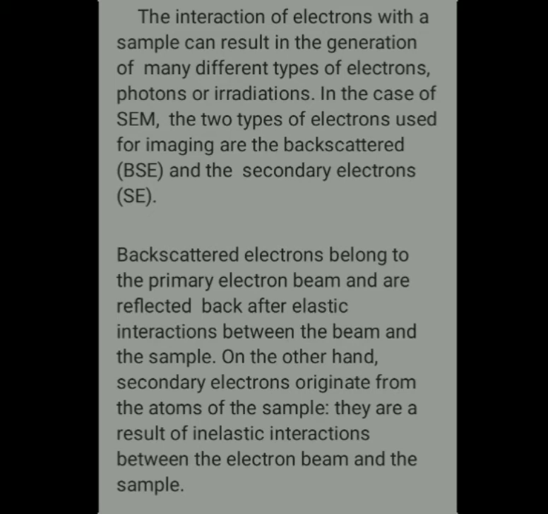Backscattered electrons belong to the primary electron beam and are reflected back after elastic interaction between the beam and the sample. On the other hand, secondary electrons originate from the atoms of the sample. They are the result of inelastic interaction between the electron beam and the sample.